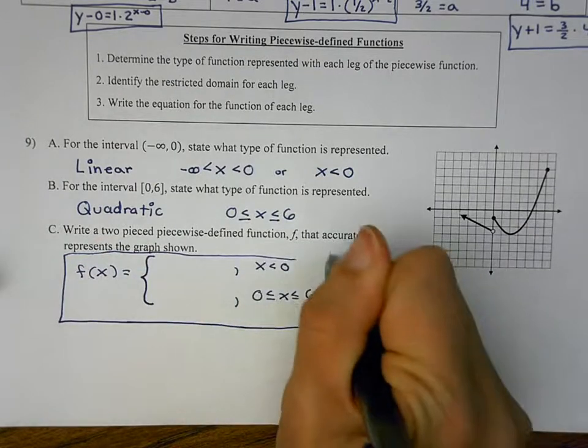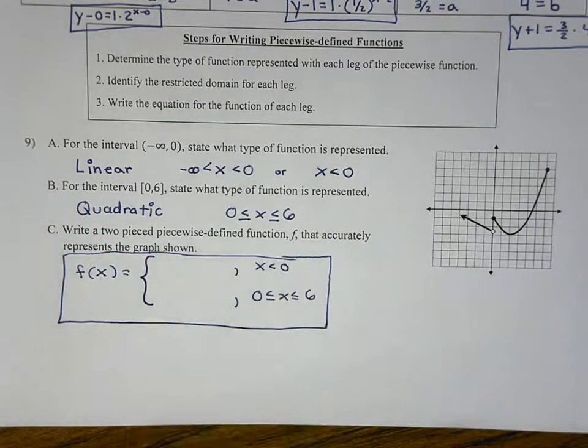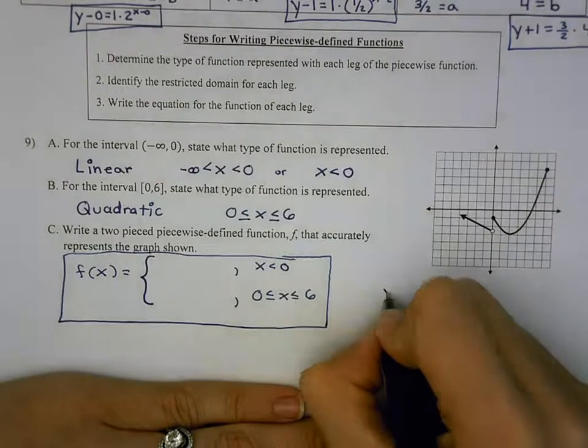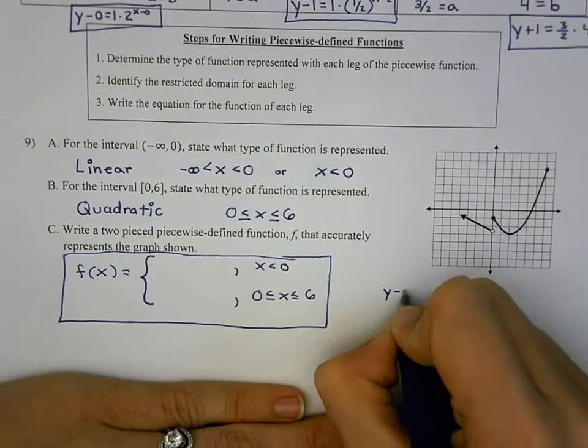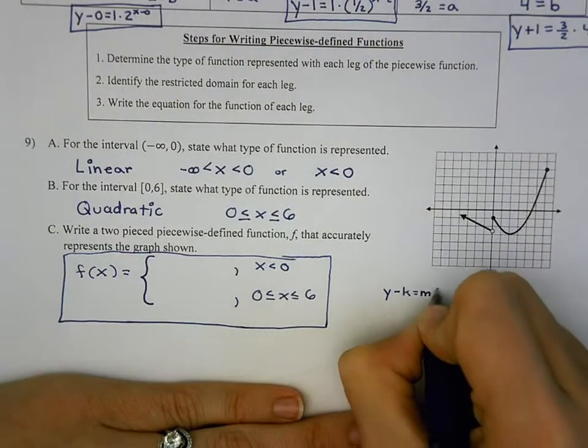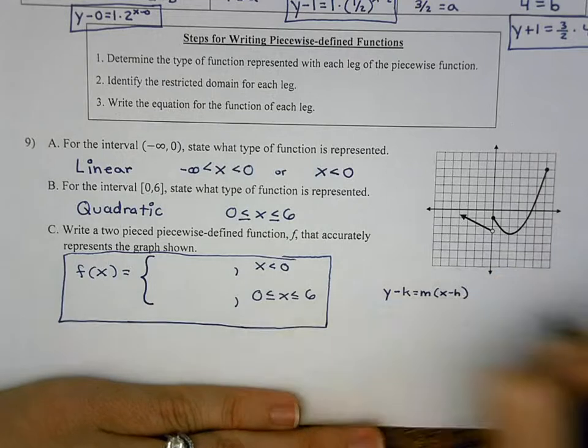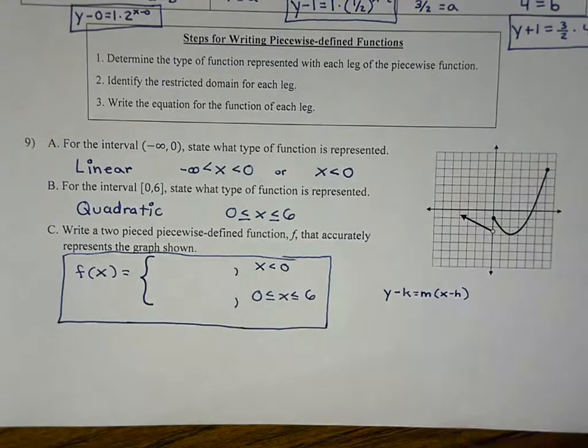Okay, so let's find these two equations. Linear first. For a linear graph, what's my descriptive form? My descriptive form is y minus k equals m times x minus h. What's my hk for this line?